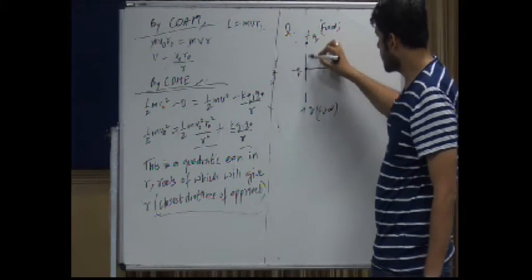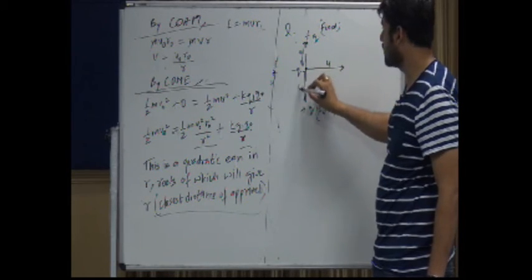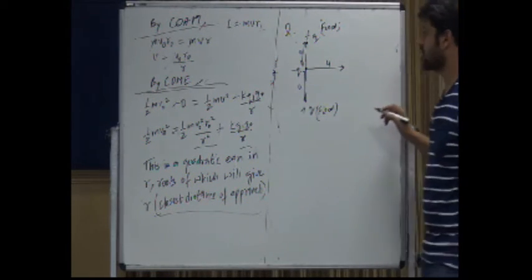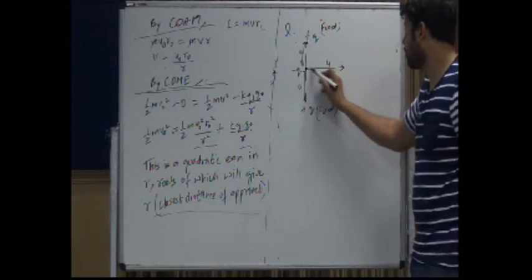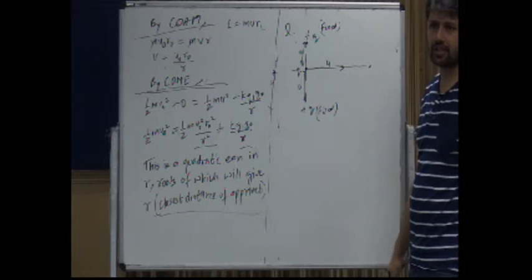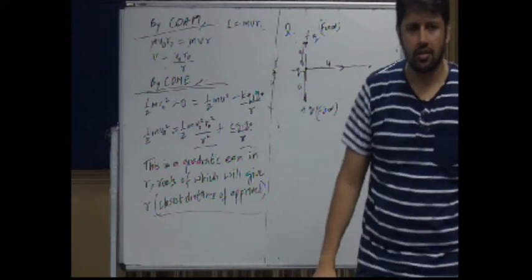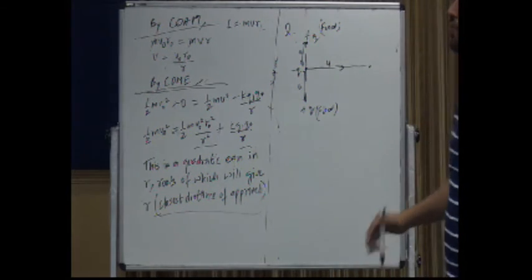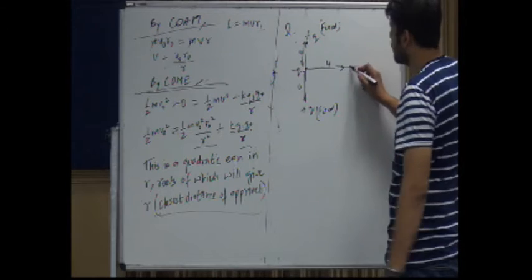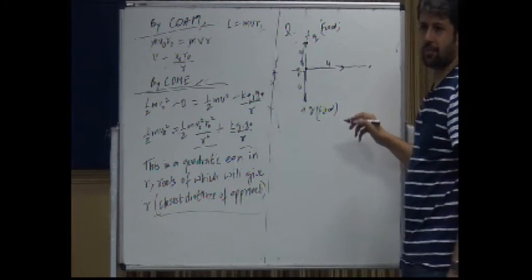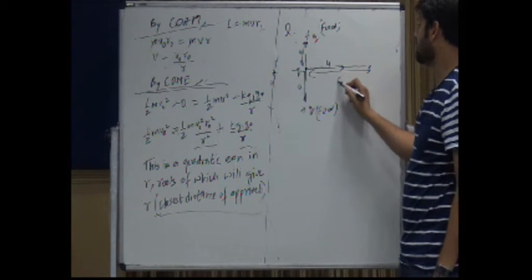The separation here is a, and here also a. What happens is it goes forward, stops somewhere, and comes back because of the attraction. One charge is positive, one is negative, so there is some attraction between the two pairs. Because of this, it stops. So you have to find this stopping distance.